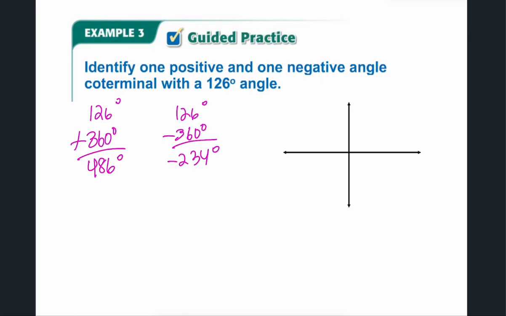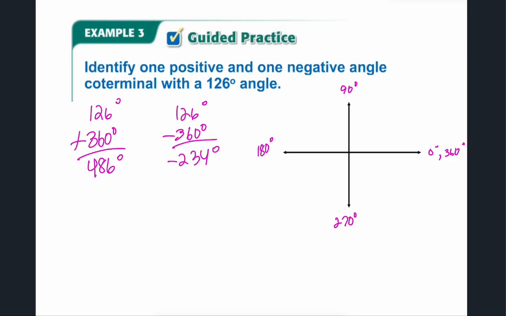Now let's write on our XY axis here. This is 0. If I rotate up, this is positive 90, 180, 270, 360. Okay, that's one full rotation. Let's draw our original 126.